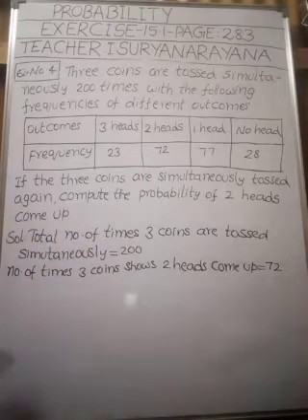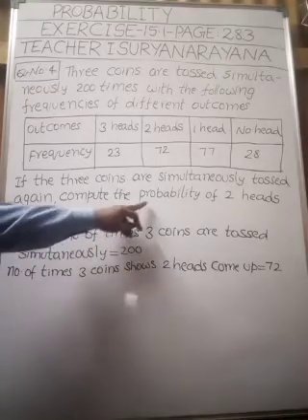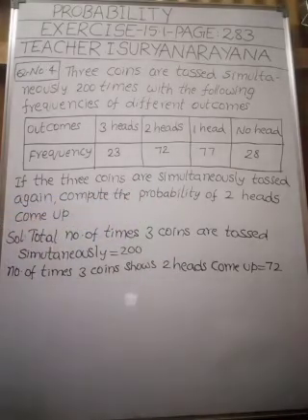Right. You got this number and this number. These two numbers are enough to find the probability of two heads come up.